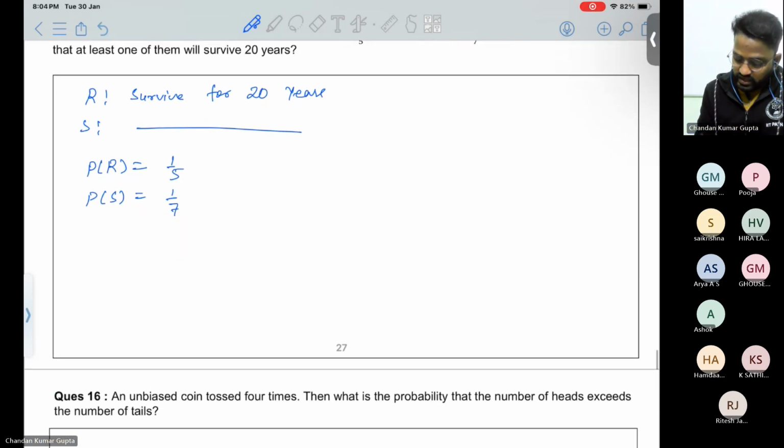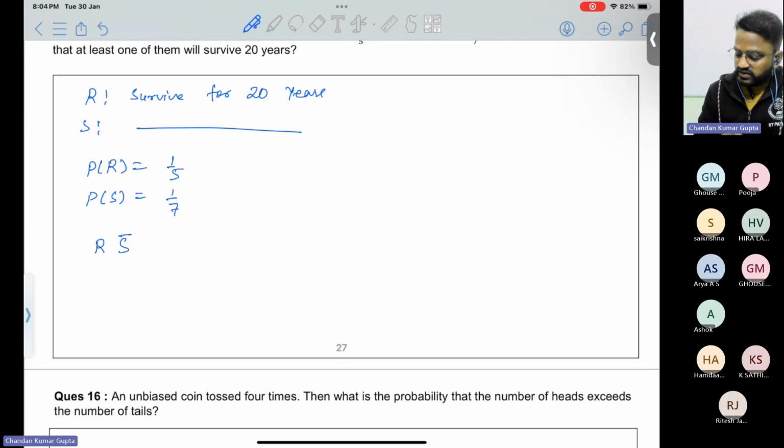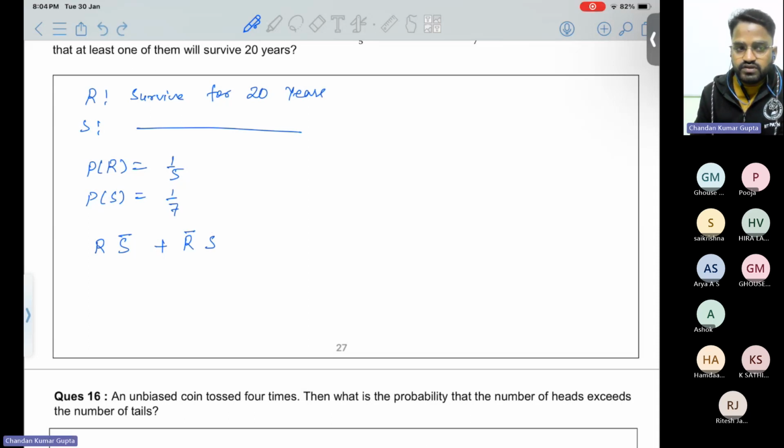And we need to calculate that at least one of them survives. So if R survives and S does not survive, or if R does not survive and S survives, this is the case. Can you understand this?